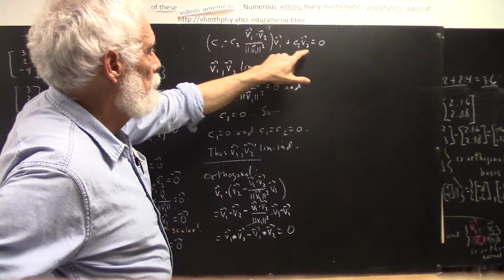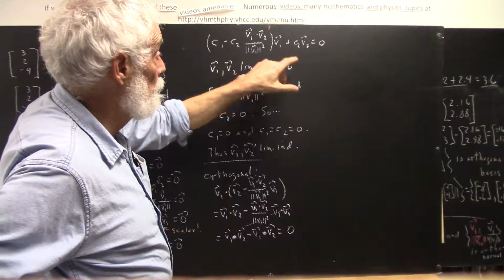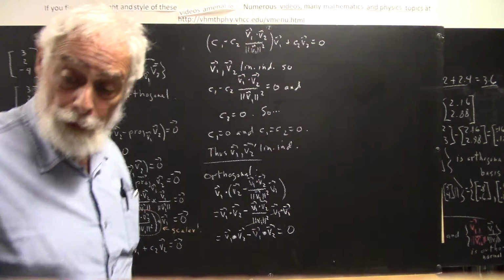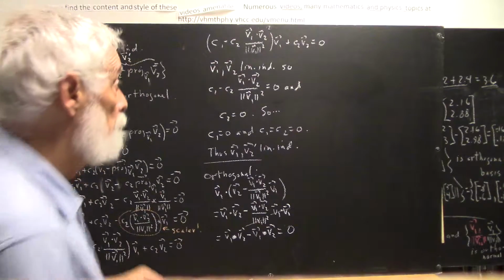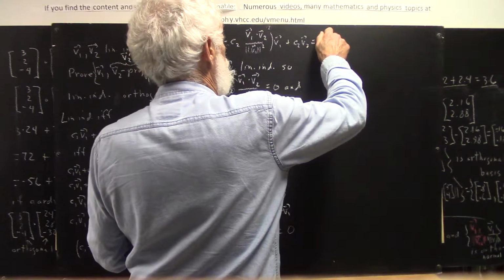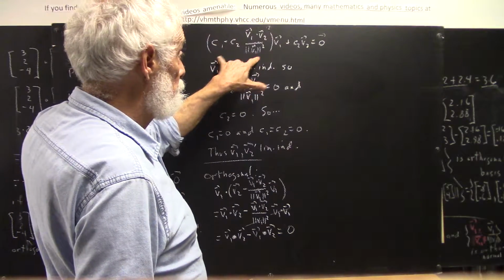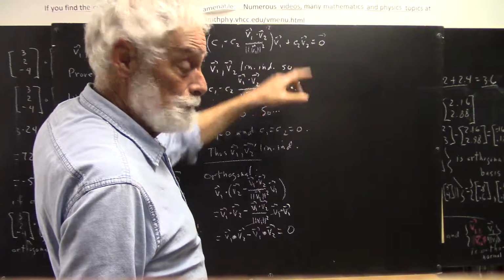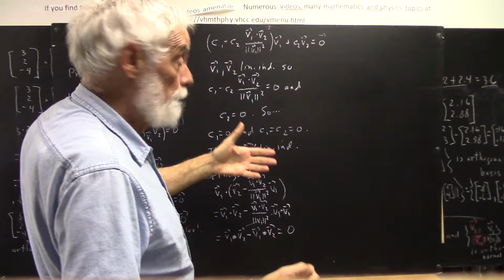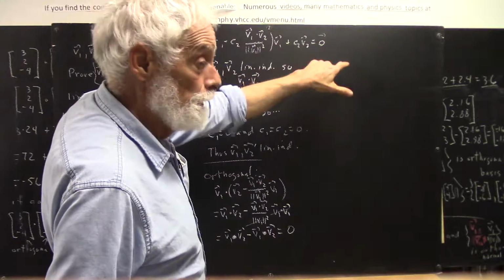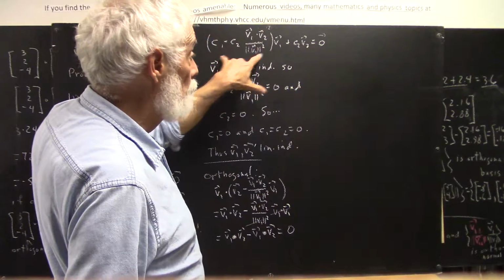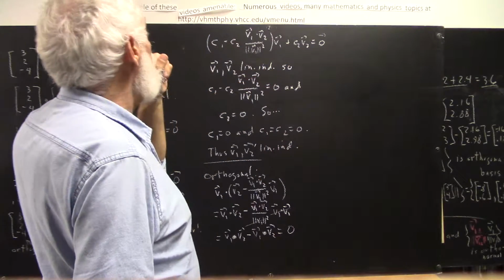And if V1 and V2 are linearly independent, then the only way they can add up to the 0 vector, and that 0 vector ought to have an arrow over it, the only way they can add up to the 0 vector is for this to be 0 and this to be 0. Because what's a test for linear independence? Linear combination is 0 if and only if the two coefficients are 0.